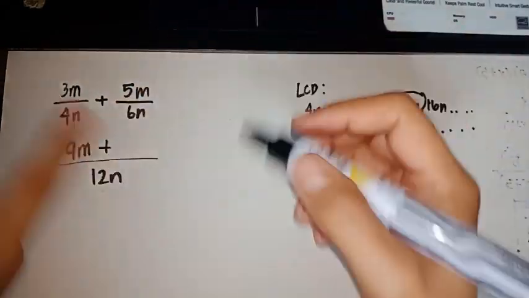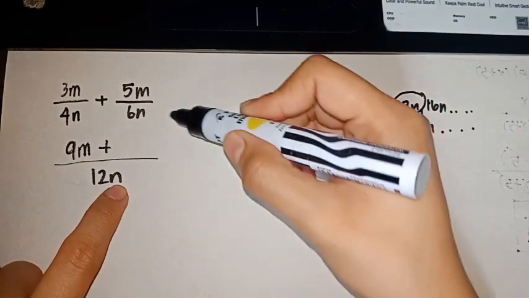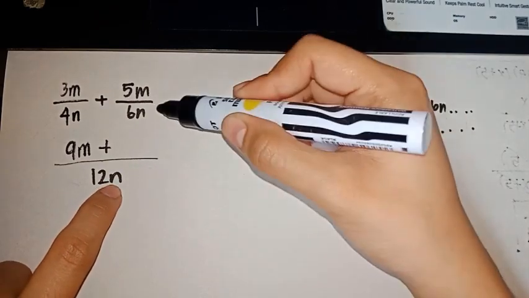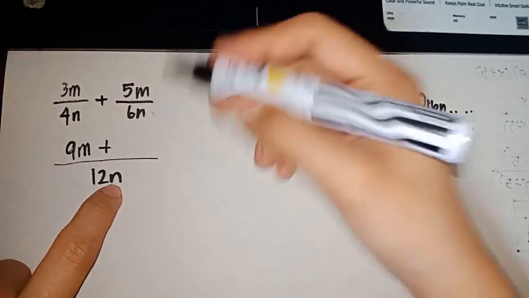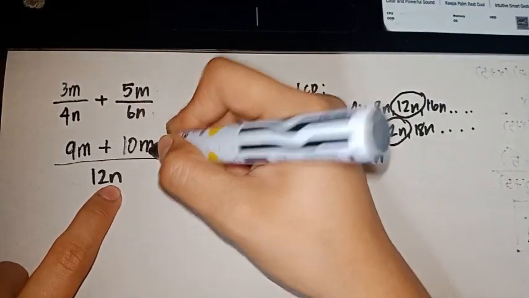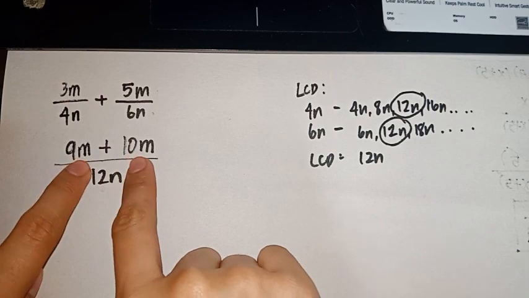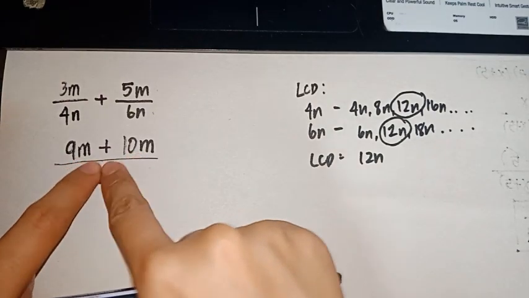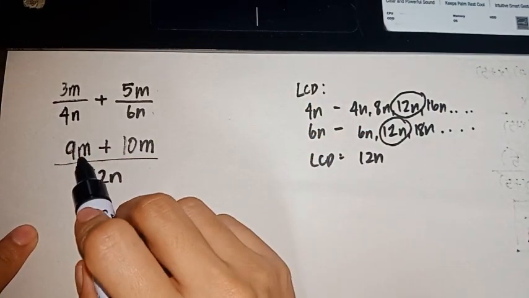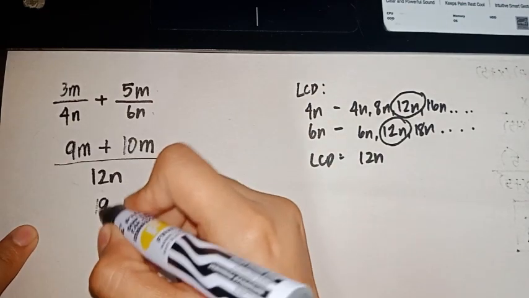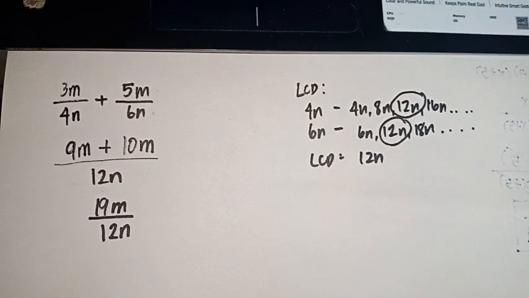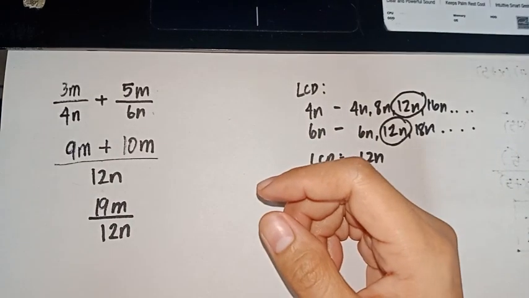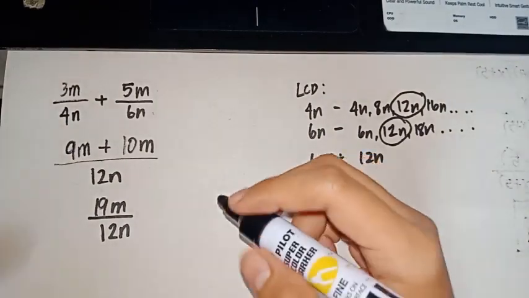Plus, let's do the same on the other side. 12n divided by 6n is 2. 2 times 5n is 10n. Now, since they are similar terms, we can combine them. So we have 9m plus 10n, that is 19n, all over 12n. That will be our final answer.